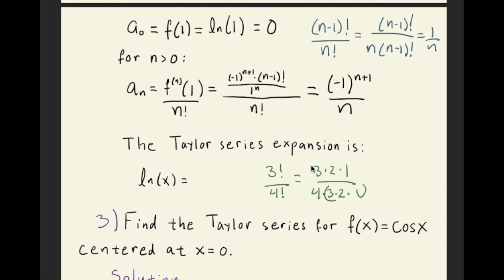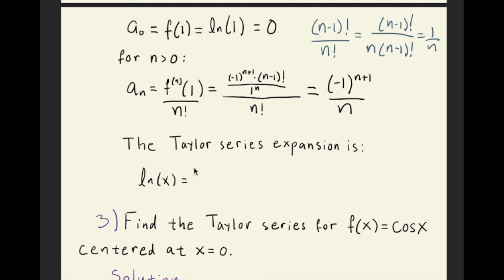But this bit is exactly the same as that bit, so you get a 1 over 4. It's the same thing here: n minus 1 factorial over n factorial is always 1 over n. So that's the coefficient of the power series, negative 1 to the n plus 1 over n.